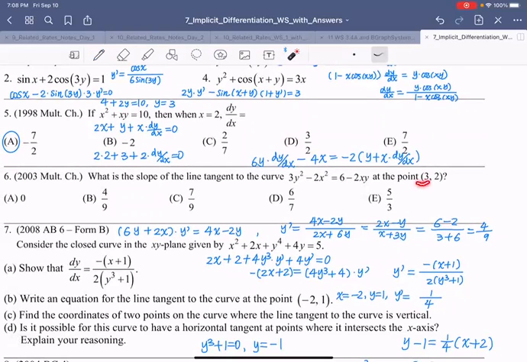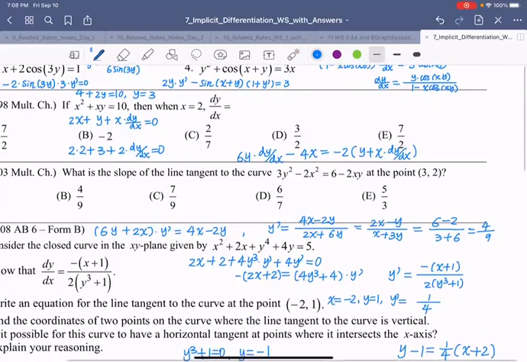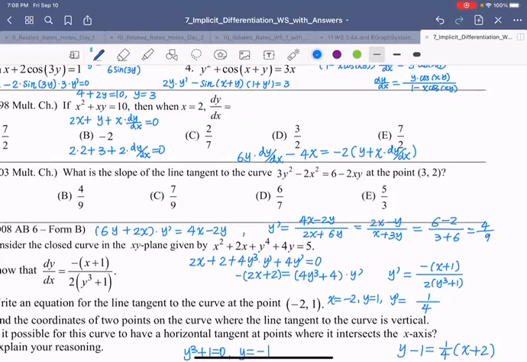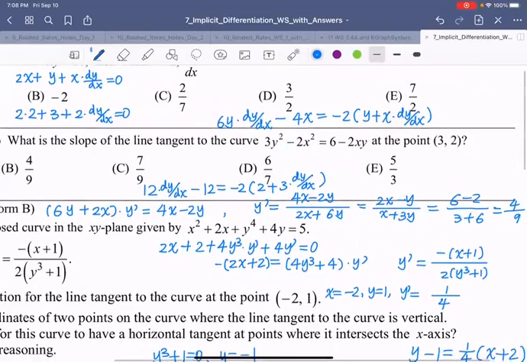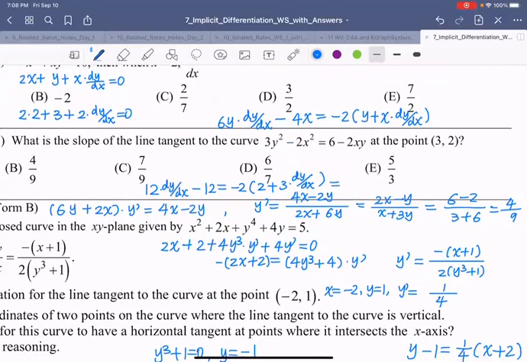So then it's 12 times dy over dx minus 12 equals -2 times 2 plus 3 times dy over dx. So that is 2 plus 3 times dy over dx, correct? Now we can simplify this. We can say this is -4 minus 6 times dy over dx, right?